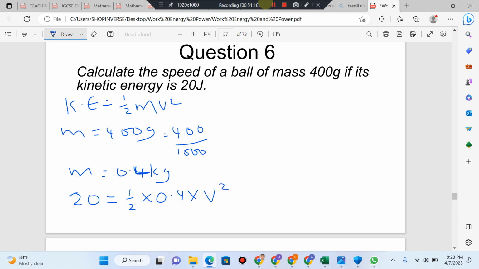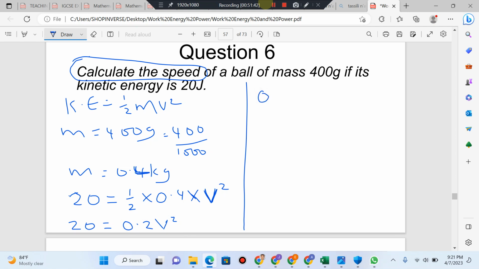The speed is unknown, so you write it as v squared. The speed is what we are looking for. The question says calculate the speed. Whether speed or velocity, we use the symbol v to represent speed or velocity. That means 20 is equal to half times 0.4, which gives 0.2. So that's 0.2 v squared.